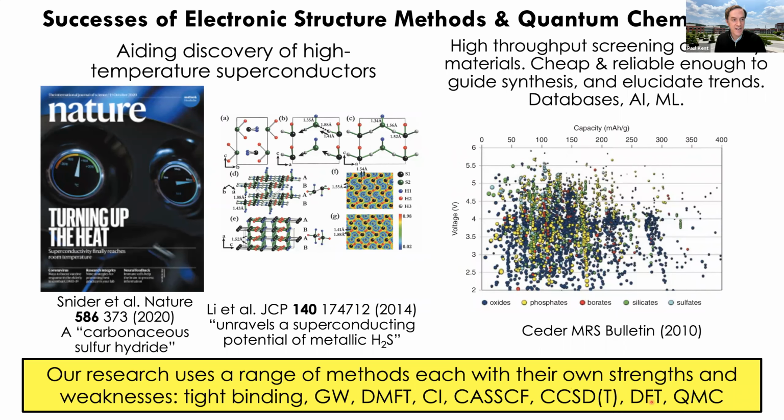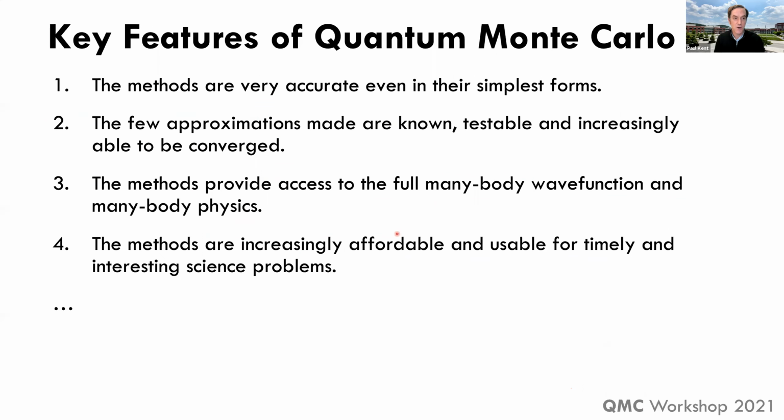So then what are the interesting and important points about quantum Monte Carlo? So here I've got 4 key features. And this is sort of my view. I'm sure other presenters will include some of their own views in their own presentation in the following weeks. And I've got a slide for each of these.